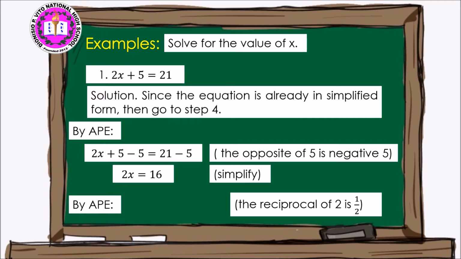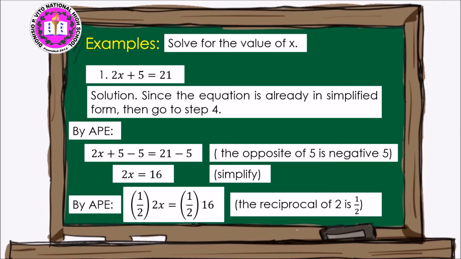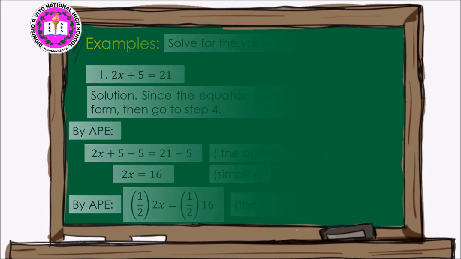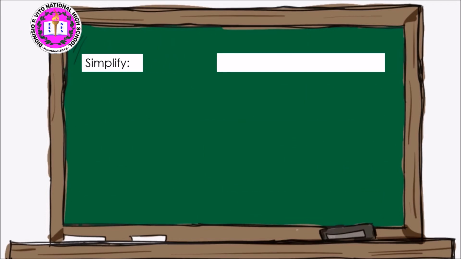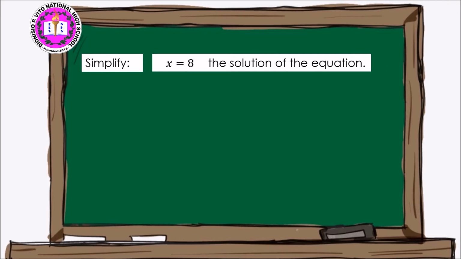Therefore, we're going to multiply both sides by 1/2. So we have 1/2 times 2x equal to 1/2 times 16. So we're going to simplify that. So the solution of the equation is x equal to positive 8.